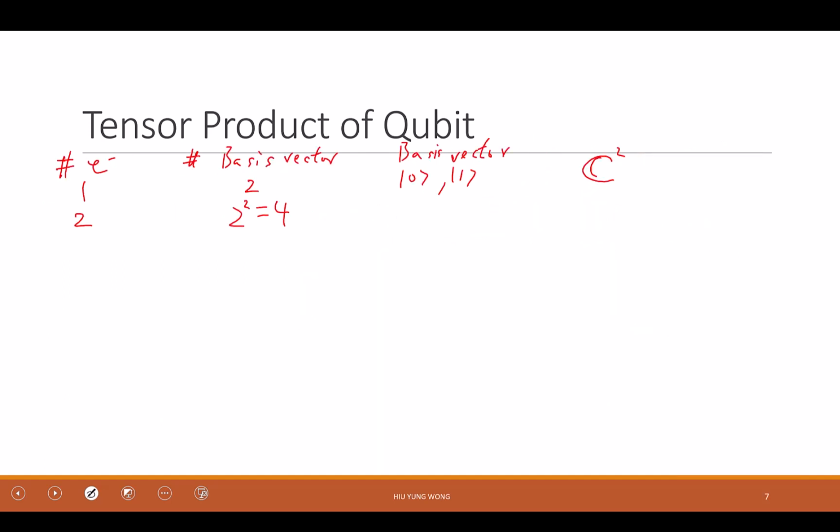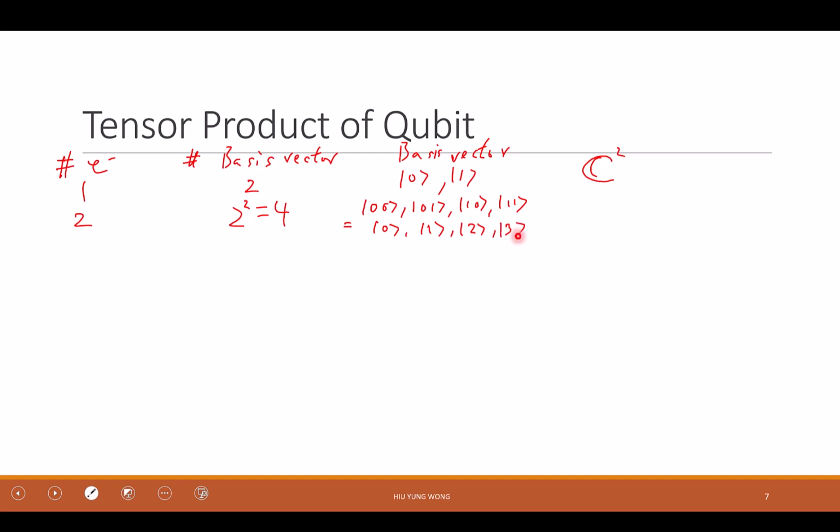What are the basis vectors? Yes. 0, 0, 0, 1, 1, 0, 1, 1, and just like what you said, which are 0, 1, 2, 3.